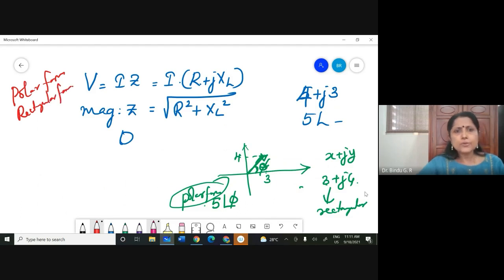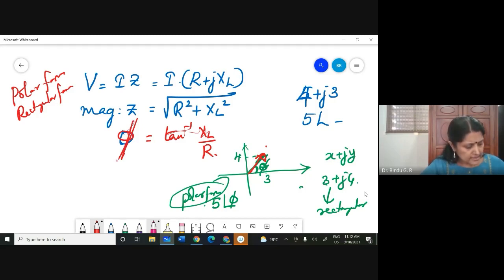So here the magnitude is the square root of R squared plus XL squared, and the angle phi will be given by tan inverse of XL by R. Hope you have understood.